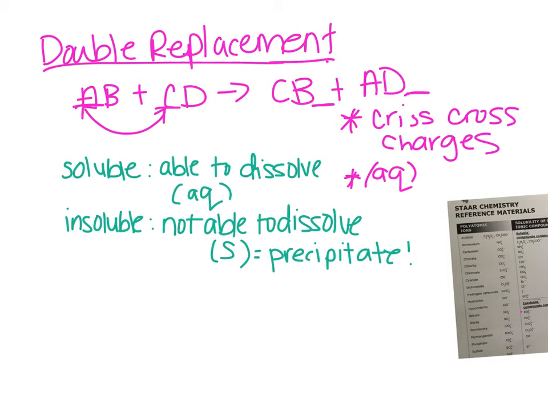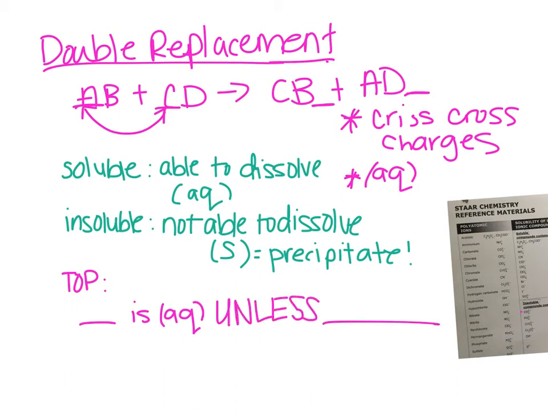So when you are using your little chart right there, just know that you're telling yourself the following sentence. For the top part, you're saying "blank is aqueous unless," and then you're reading the exception. If you literally tell yourself that sentence every single time, you won't mess it up.